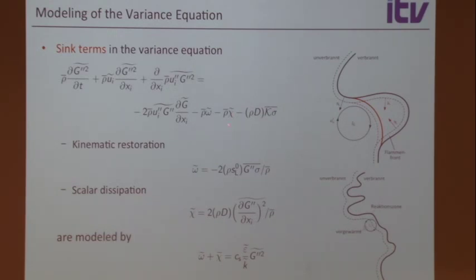And then the other term here, the chi, this looks very much like a scalar dissipation term. It's the gradient of a fluctuation squared times D, so that is a dissipation term. And that's exactly what this is.